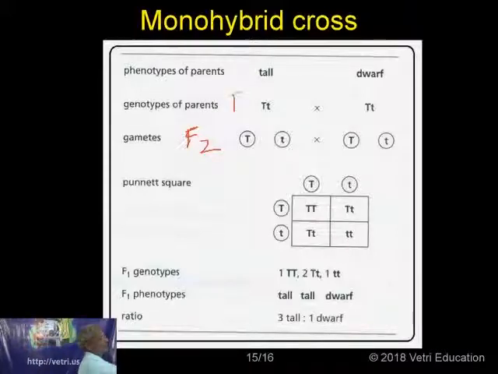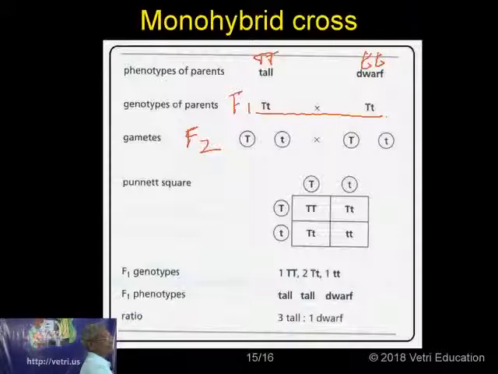This is the F1 plant. So the tall plant is crossed with the dwarf plant.